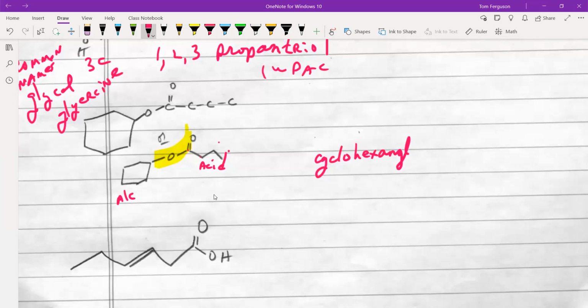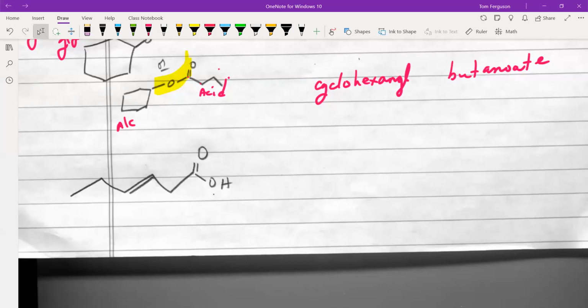And the acid is a 4-carbon acid. Anyway, 1, 2, 3, 4, 5, 6.